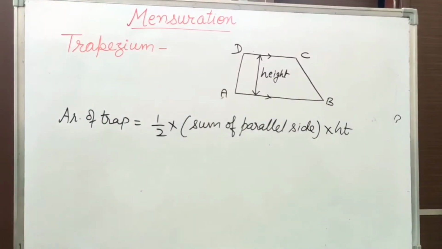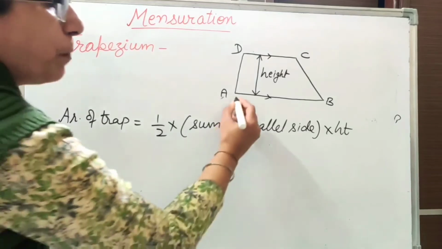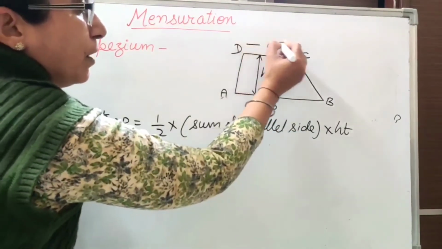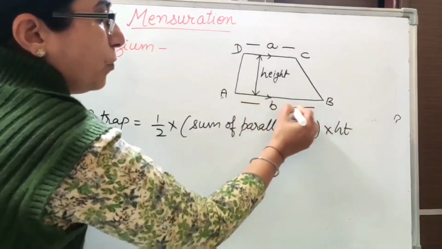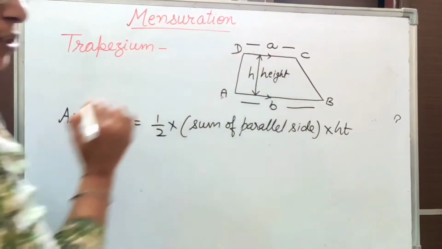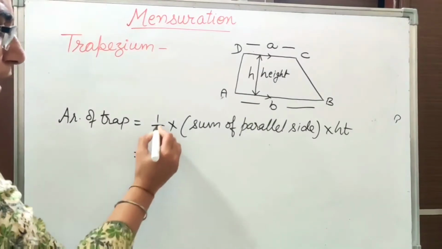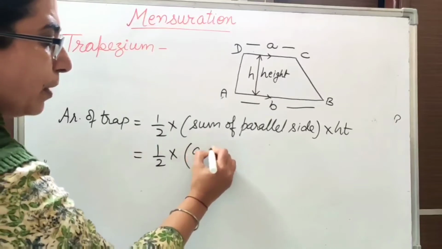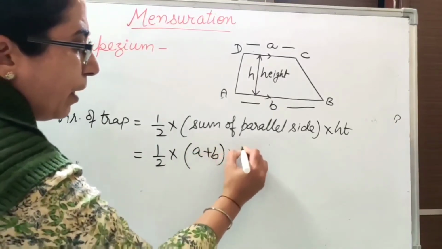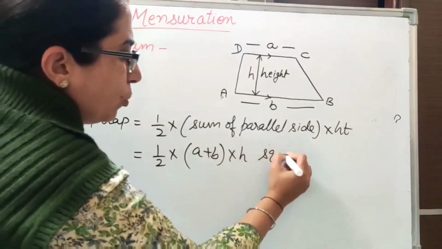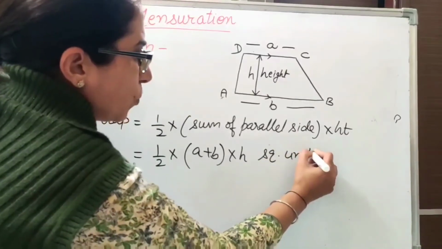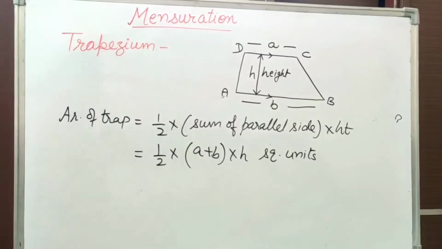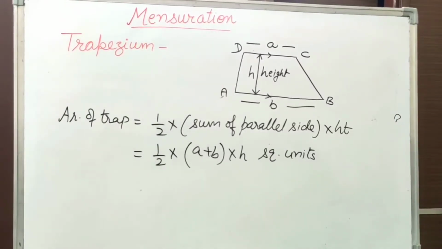So for example, in this figure, if I am taking this parallel side as A and this side as B, and the height is H, the area becomes 1 upon 2 multiply A plus B multiply H square units, because area is always in square units.